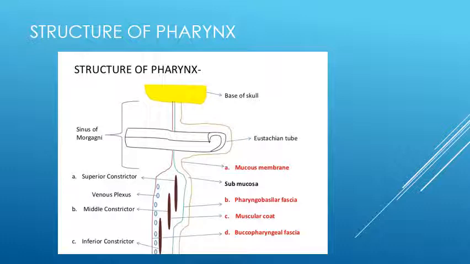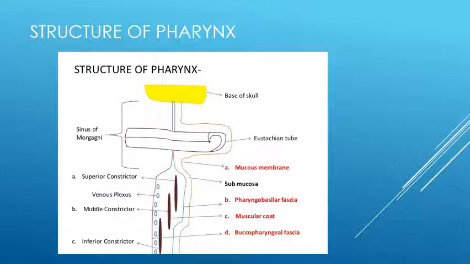Here in the mucosa, the epithelium is pseudostratified columnar ciliated epithelium in the nasopharynx, while stratified squamous epithelium lines the oropharynx and the laryngopharynx. Stratified columnar epithelium lies at the junction between these two types. Mixed glands are present here.